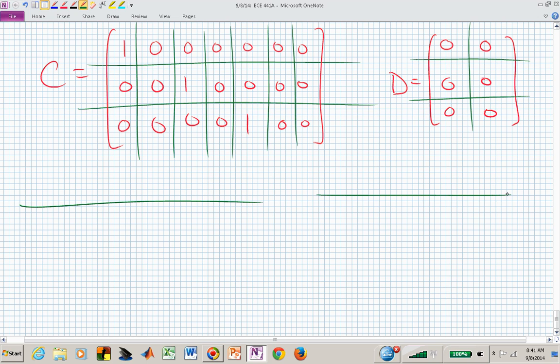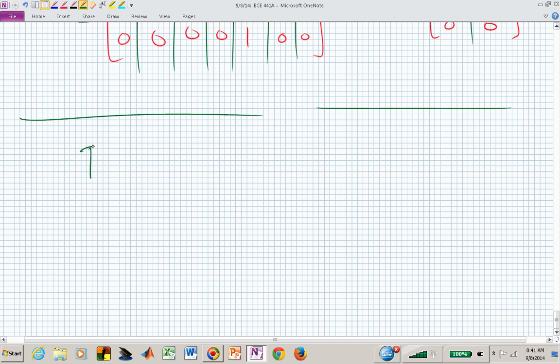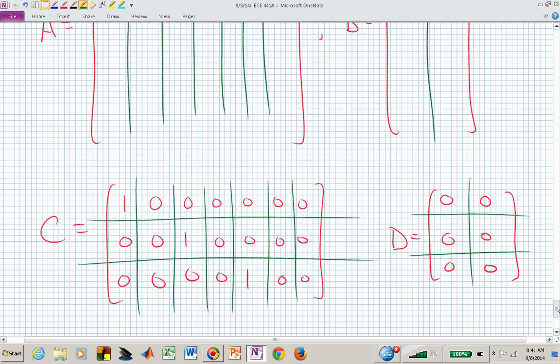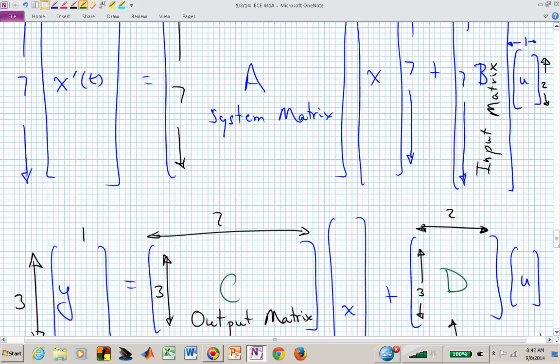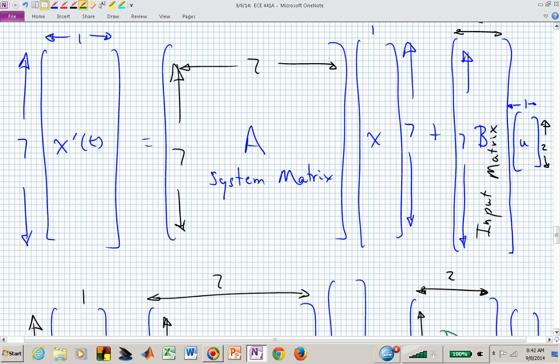Now what we want to do is some block diagram algebra. If we put this three-mass system into an all-integrator block diagram, how many integrators would we have on our page? 7.